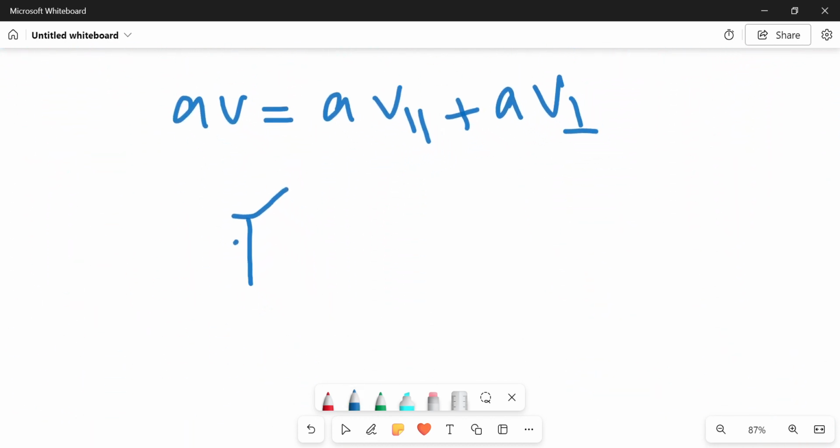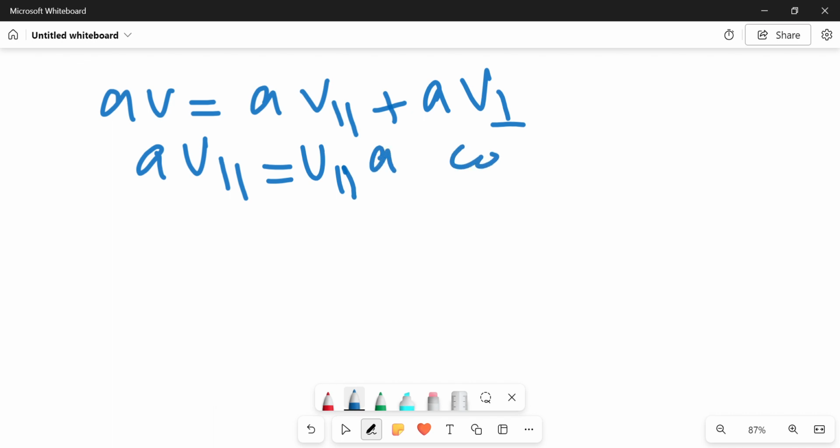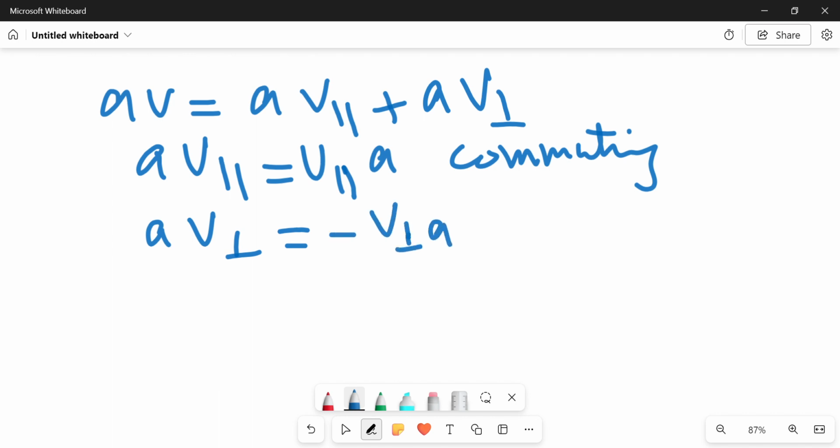We just copy it. Together with, we said A V parallel equals V parallel A, commuting, and A V perpendicular is minus V perpendicular A, anti-commuting.